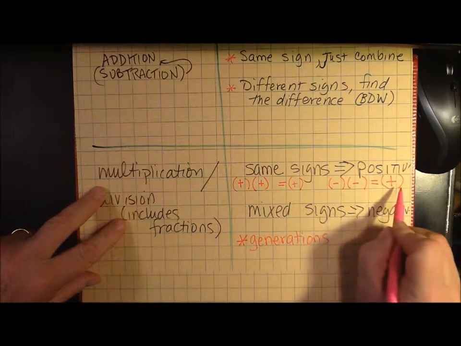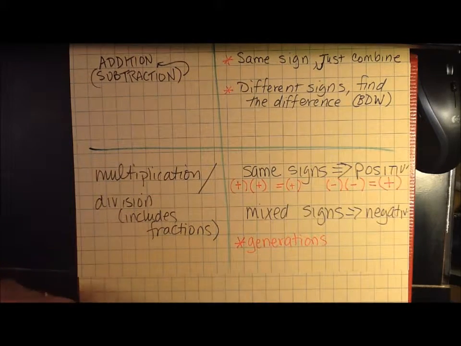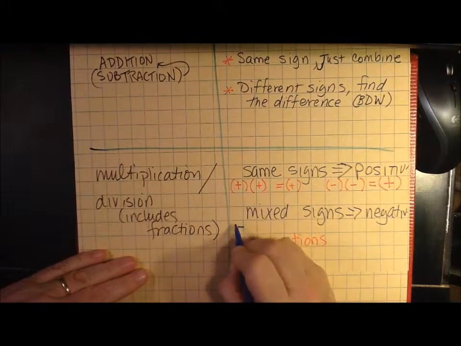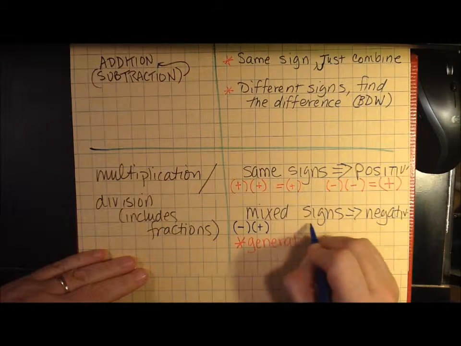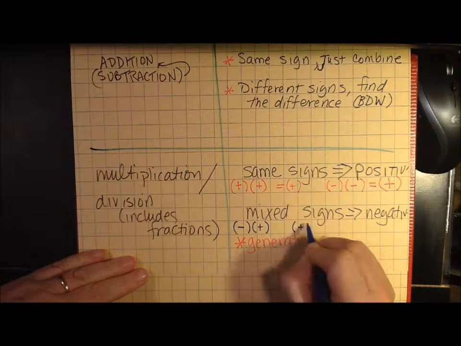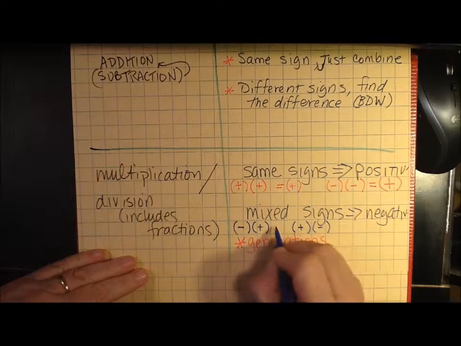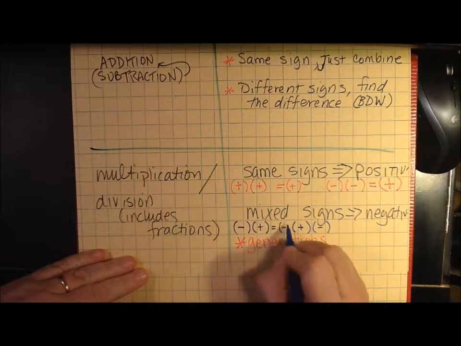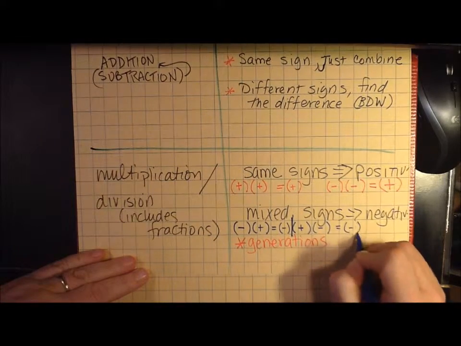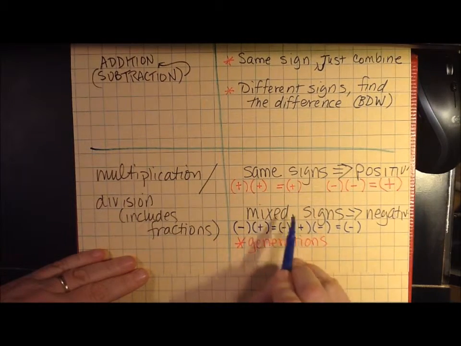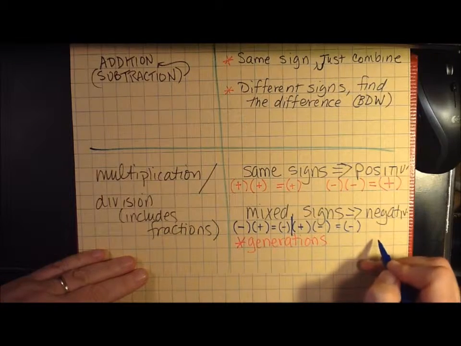Same signs are positive. If I have mixed signs, for instance, a negative times a positive, or a positive times a negative, my answer will be negative. Mixed signs mean minus, MM.